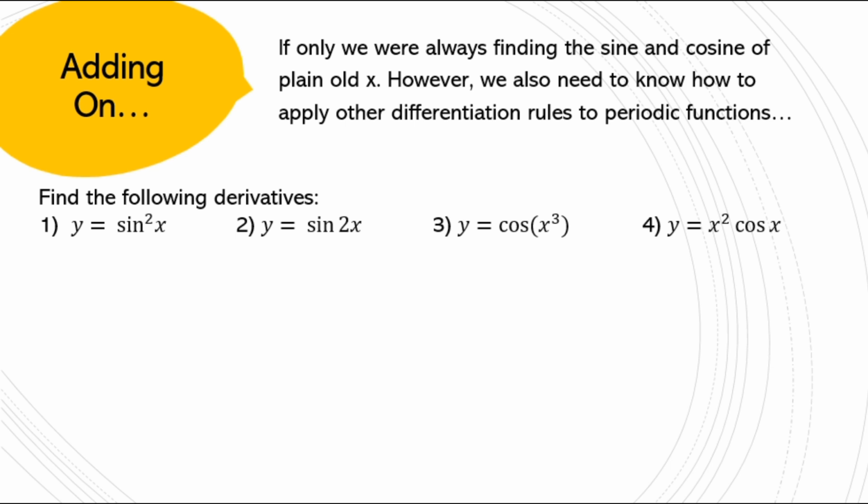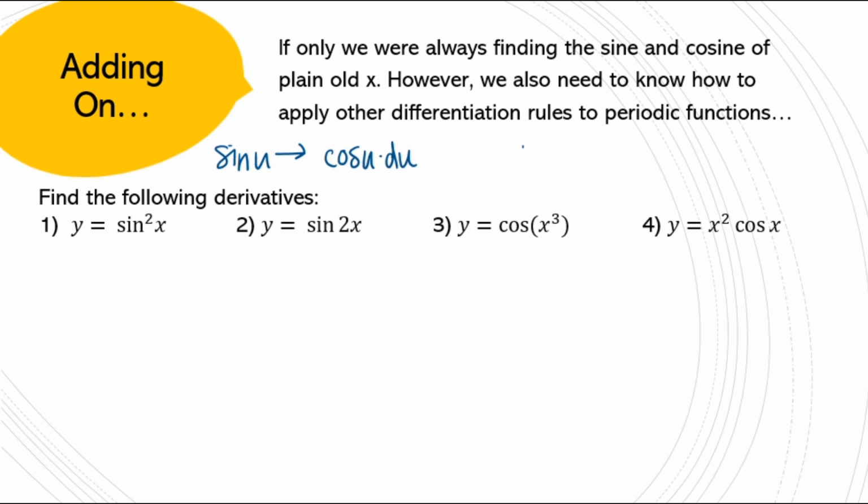Of course, by the time we hit our last topic in differentiation, we know that it's not going to be that simple, that sometimes we need to find the sine of not just plain x, but a function. So if we're looking at the derivative of sine u, where u is a function and not just x, let's think about maybe that we're going to have to think about the chain rule again, and we're going to be looking at cos u du.